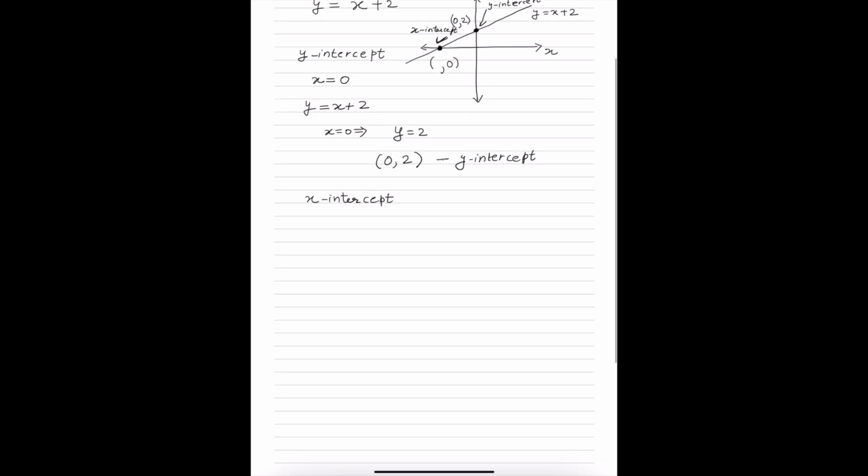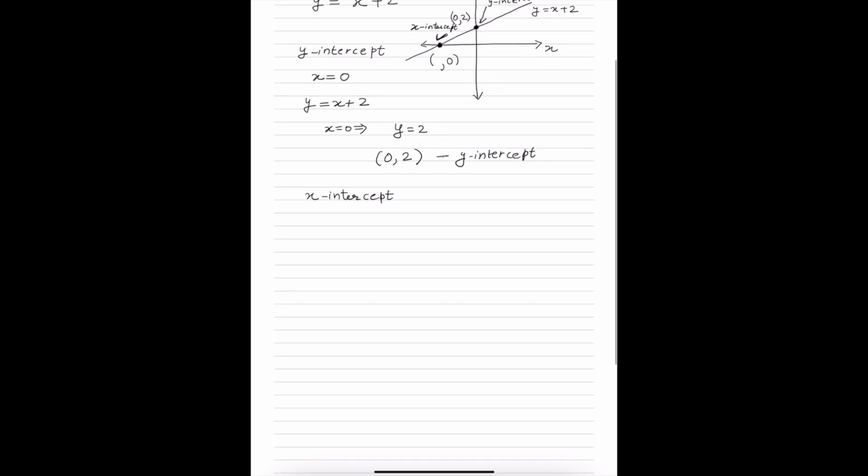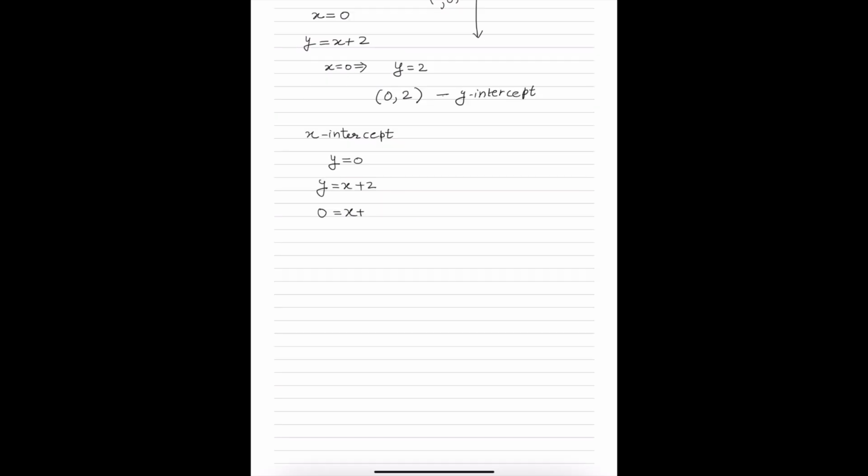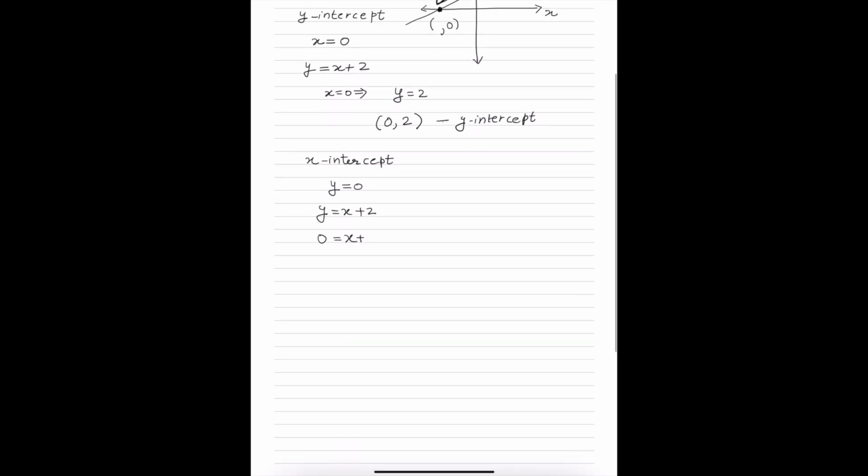So x-intercept is the point where the straight line y equal to x plus 2 has cut the x-axis. Since on x-axis all y's are 0, so to be able to find the x-intercept, put y equal to 0 in the curve y equal to x plus 2. When you put y equal to 0, you get 0 is equal to x plus 2, which gives you x equal to minus 2.